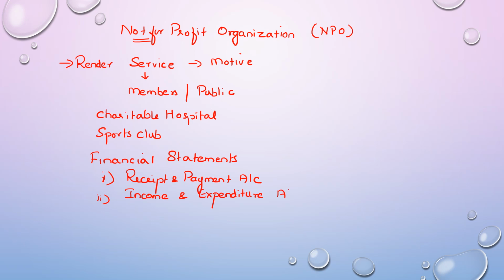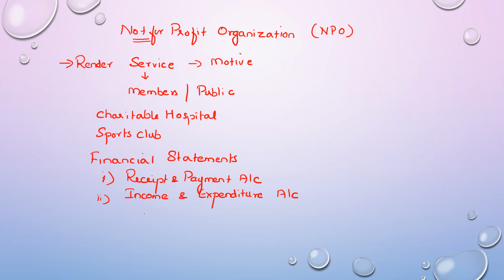This is very similar to your profit and loss account, but there is a variation in the sense that this is being prepared by an NPO or a not-for-profit organization where the intention is not to earn profit but to render service.